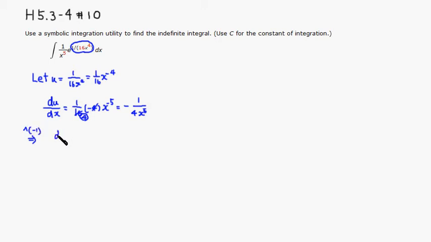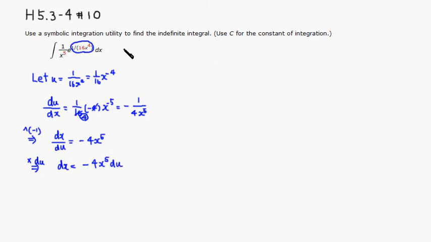So you get dx over du is equal to negative 4x to the 5th power. Then multiply both sides by du to get dx is equal to negative 4x to the 5th du.